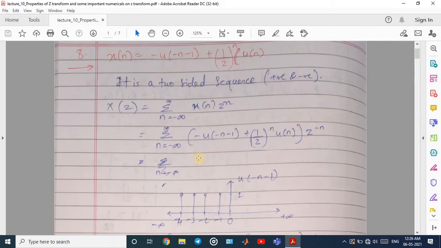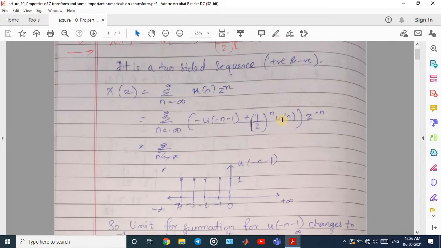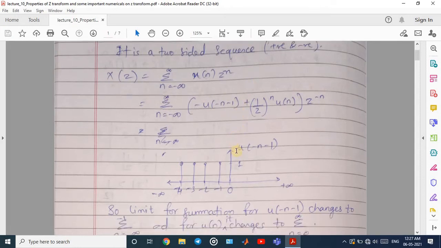So now we know u of n. It is a positive sequence starting from 0 and ending at infinity, and the value is 1 for each sample. For n less than 0 the value is 0, and for n greater than or equal to 0 the value is 1. We need to find out u of minus n minus 1.